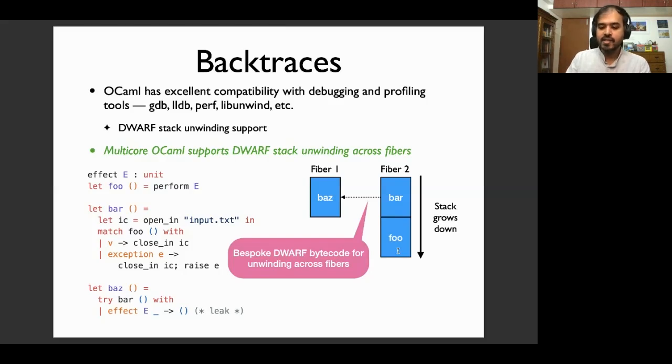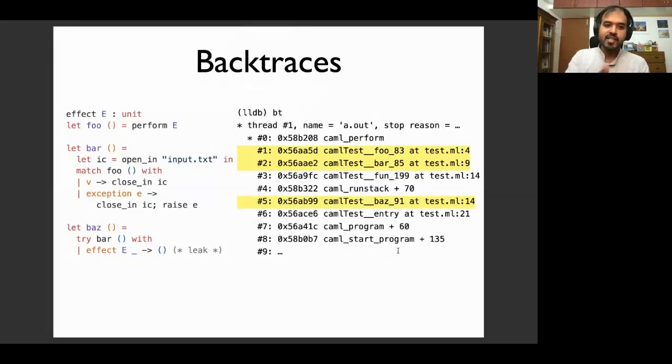What do we get as a result? If you run the same program under LLDB and you set a breakpoint on perform and get the backtrace, you get this backtrace out. In particular, what I want you to take away is that while we are performing, we see foo and bar, which were on one fiber. Then we have this run_stack function, which is the border between two fibers. And we also see baz on the same stack.